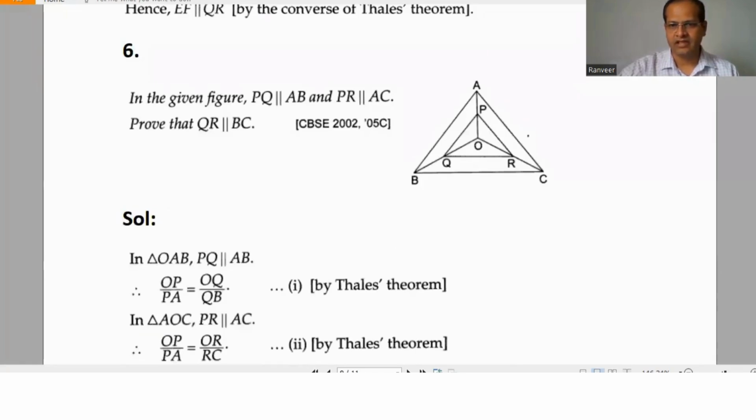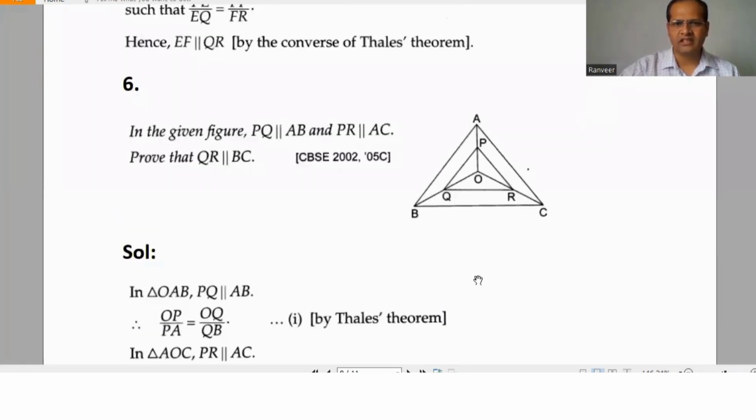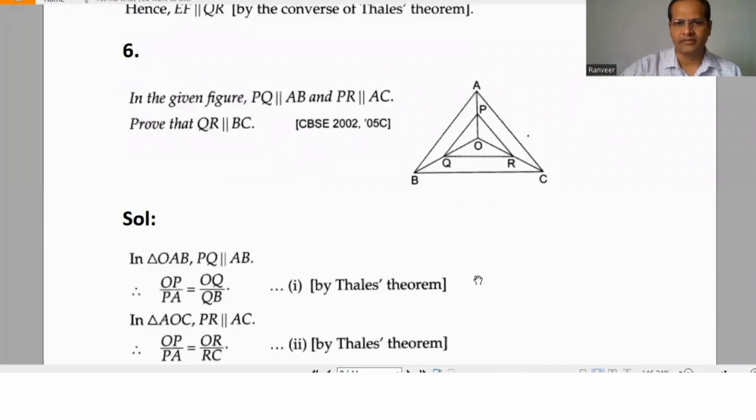Now question number 6 is the same as question number 5 that we solved. PQ is parallel to AB and PR is parallel to AC. These two values are given. Now we have to prove QR is parallel to BC.